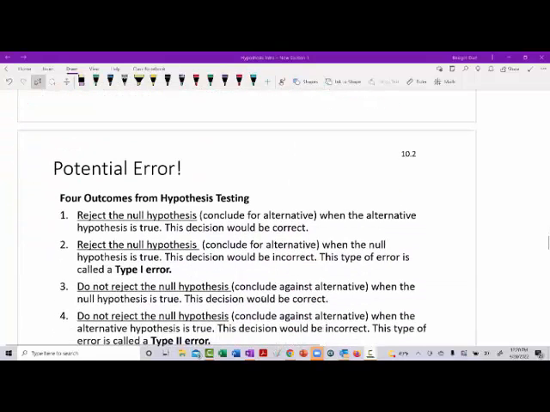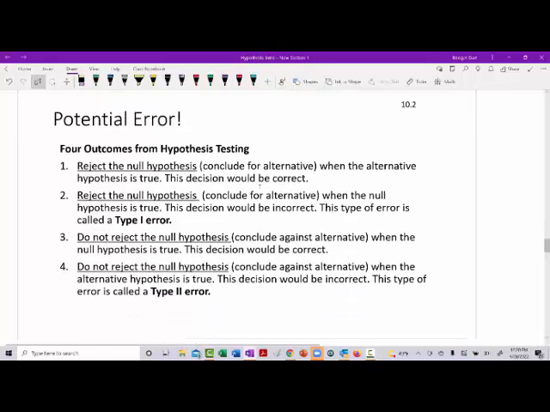That sounds great, but that leads to four different scenarios. The first two scenarios come from rejecting the null hypothesis. If we reject the null hypothesis and conclude for the alternative, and it turns out that the alternative is true, then we've made the right decision.